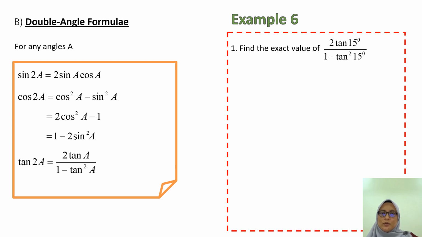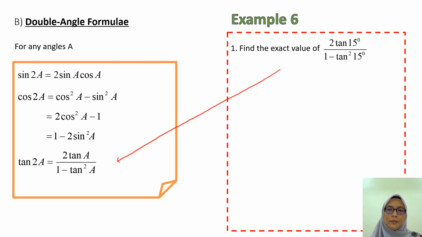Okay, so now we go to example 6. Find the exact value of 2 tangent 15 over 1 minus tangent squared 15. Okay, so this one kita dah nampak dah dia punya formula adalah sama dengan untuk tangent 2A.